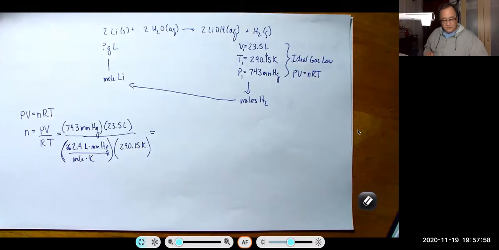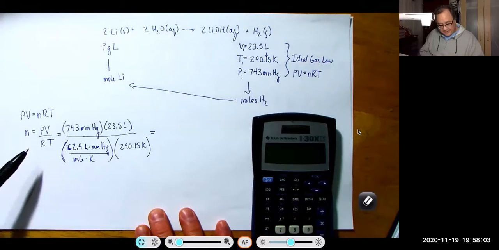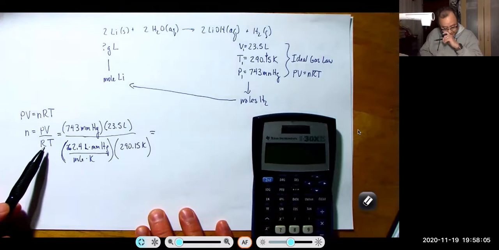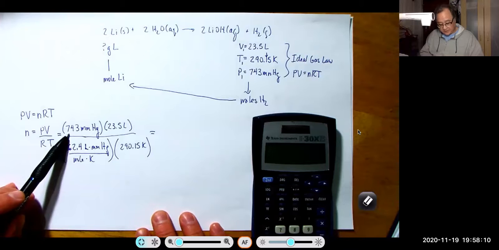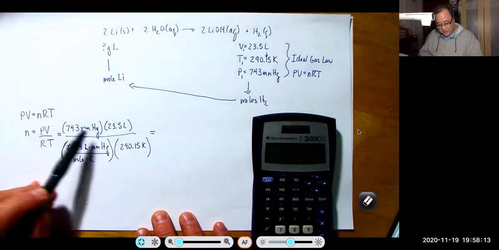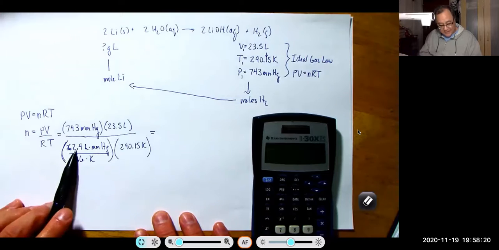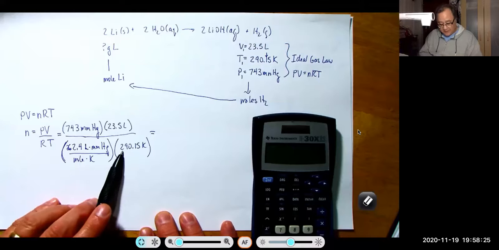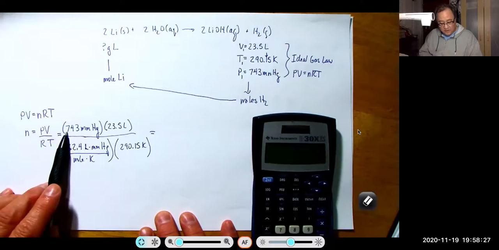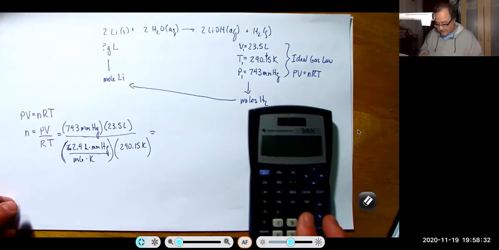All right, so let's see what we get here. And I'm going to estimate again. 62 will go into that about 12 times. 12 times 23, I don't like that anymore. I'm going to do this differently now. 23 will go into that about 3 times. 3 times 290 is around 900. And 743 divided by 900 puts me at around 0.9 or 0.8, something like that.